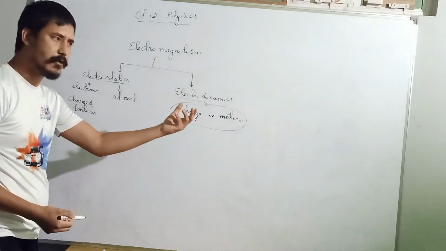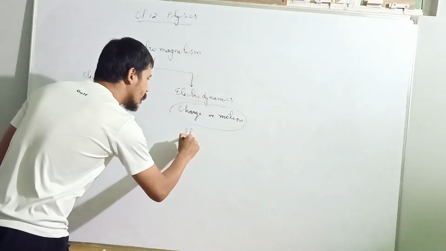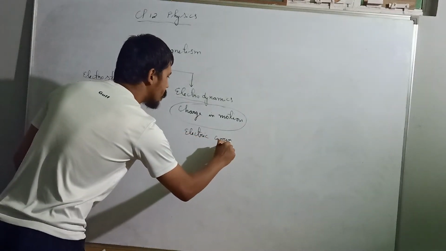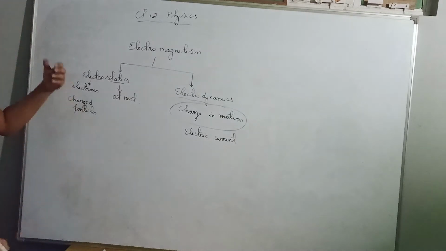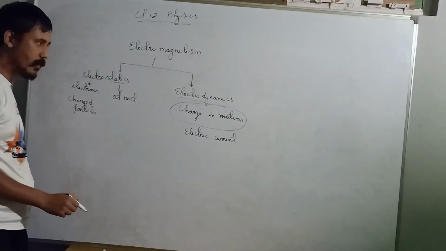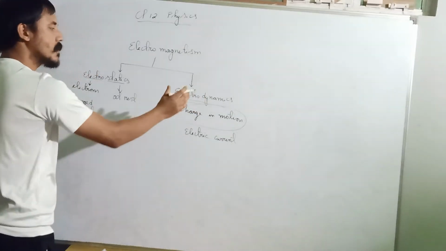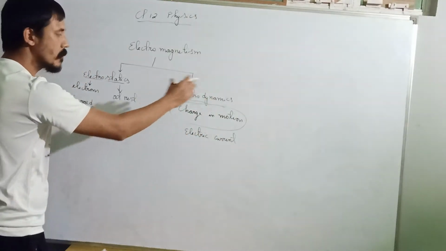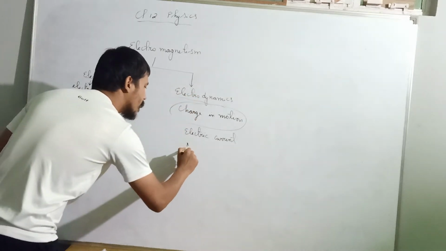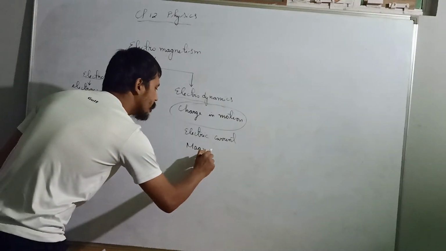If a charge is in motion, it will lead to electric current. If there is an electric current, there will be a magnetic field. So in electrodynamics, we study charges in motion, which constitute electric current, and electric current gives rise to magnetism.